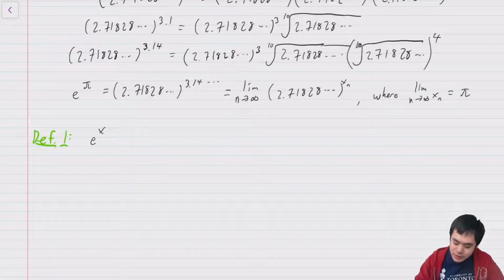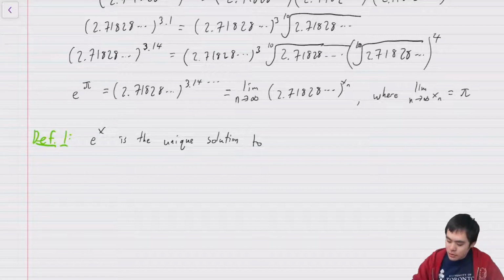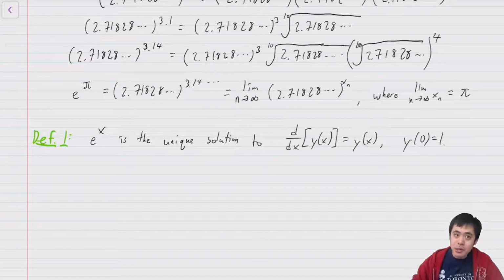So e to the x is the unique solution to the differential equation d/dx of y(x), so y is a function of x, is equal to y(x), and y(0) is equal to 1.